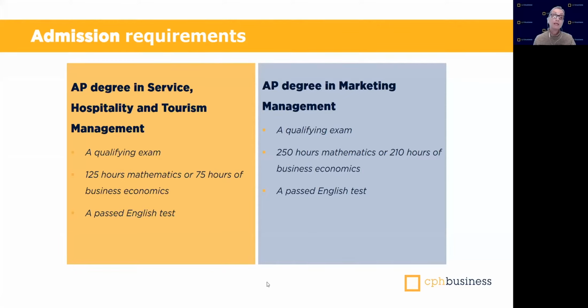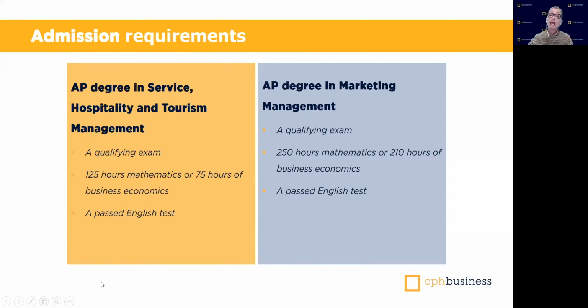And then you need to send us documentation that you have either 125 hours of mathematics or 75 hours of business economics that you have received during your upper secondary school, and this we need proof for. You also need to have a passed English test, and I'll return to that in just one moment.